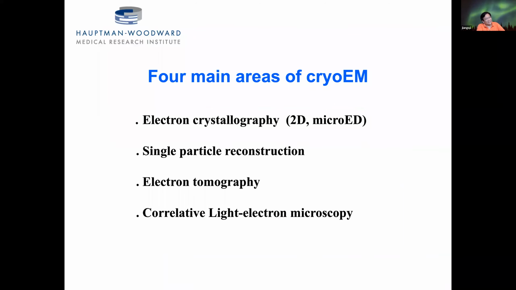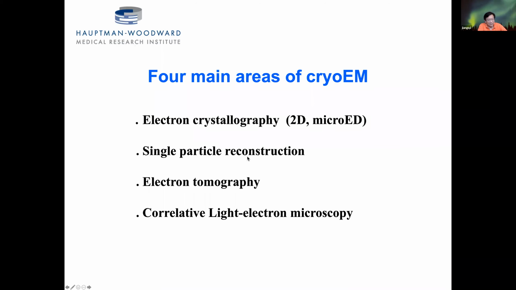So with the recent development, currently there are four main areas of using cryo-electron microscopy. It really depends on the type of specimens. If you have 2D crystals, or actually tubular crystals, or even small nanometer size crystals, you can perform electron crystallography.